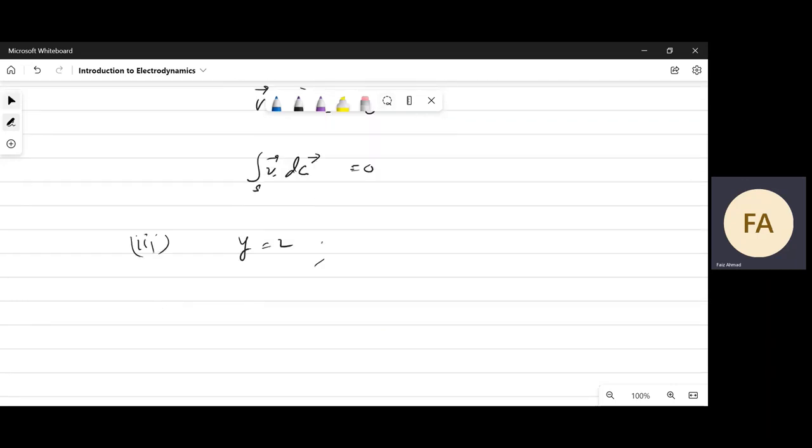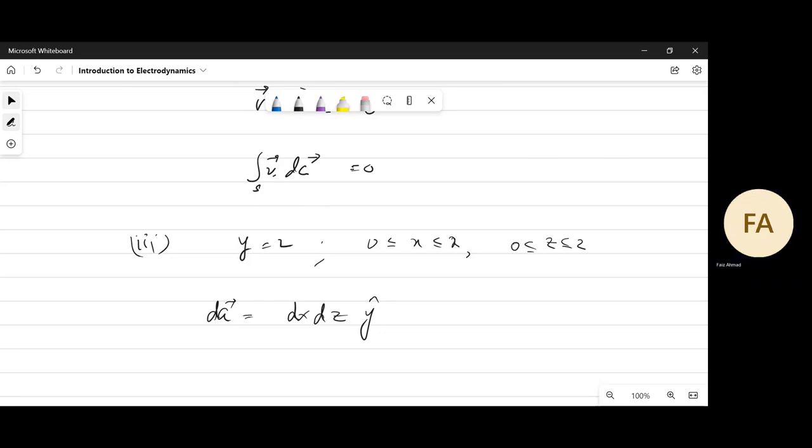So x is varying from 0 to 2, and z is varying from 0 to 2. dA, in this case, y equal to 2, is the positive face on the y-axis, so it will become dx dz in the positive y direction.